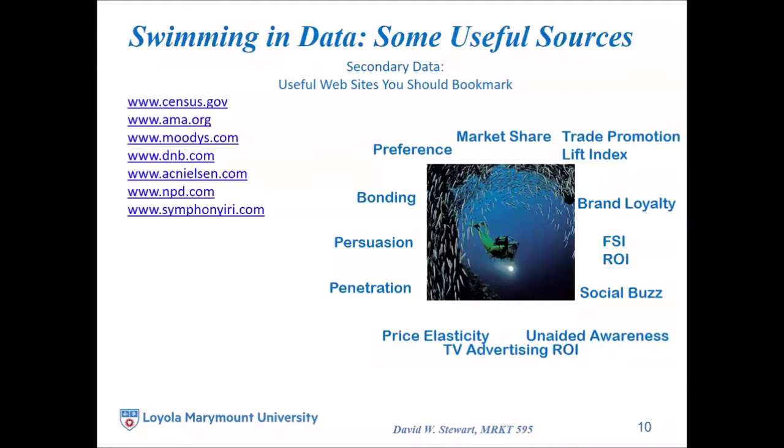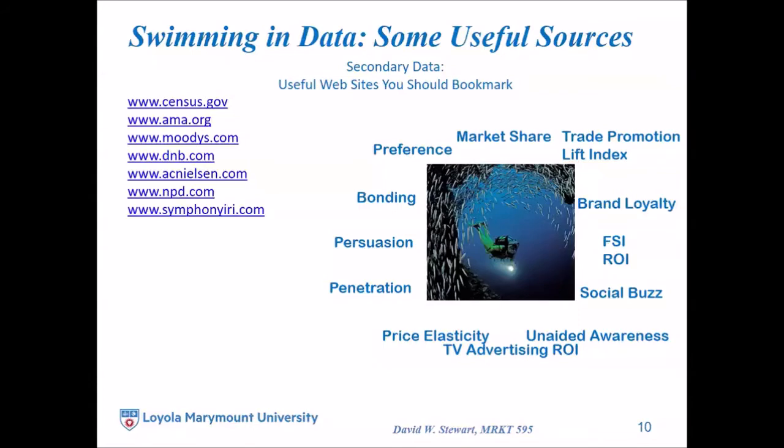And so, here are some useful websites you might find helpful. There's the Census website. It's a fascinating place to go if you like numbers. The American Marketing Association site has a lot of information, including, by the way, a standard dictionary of marketing terms.